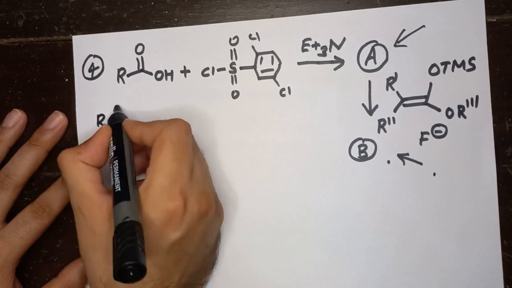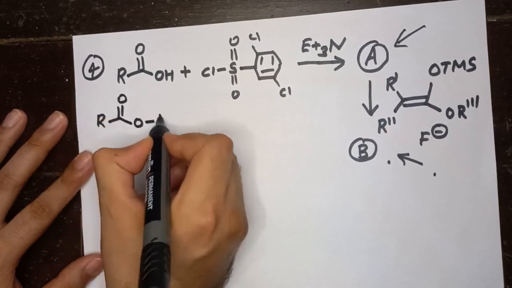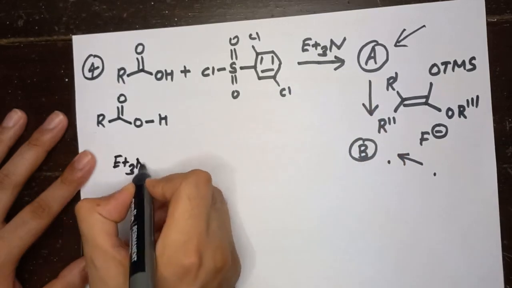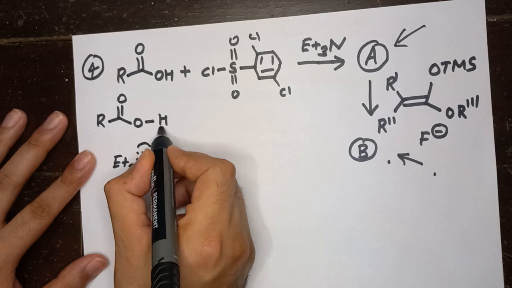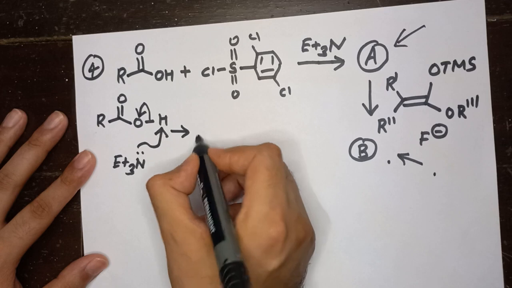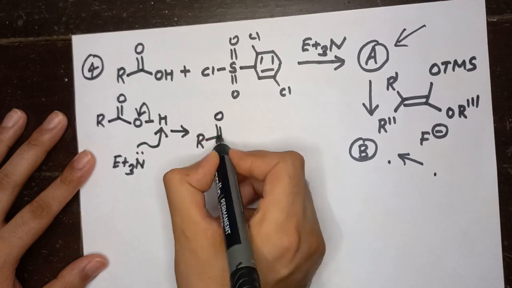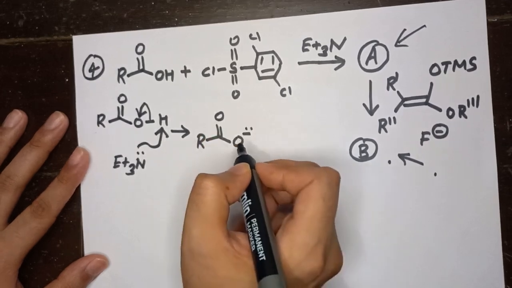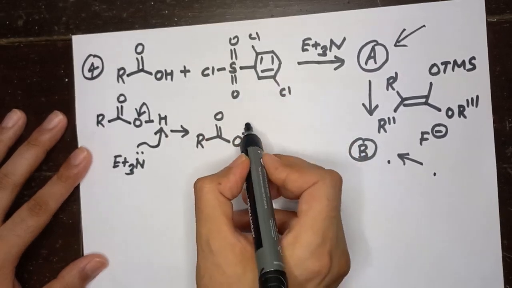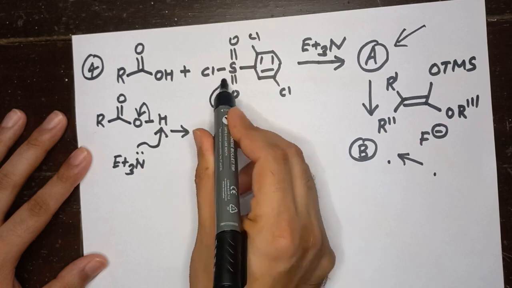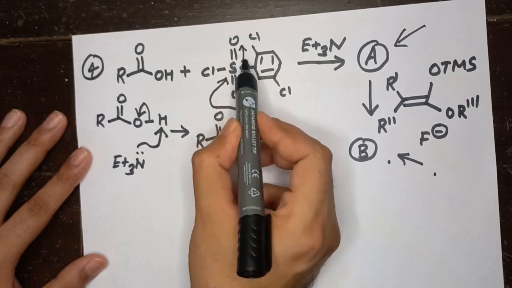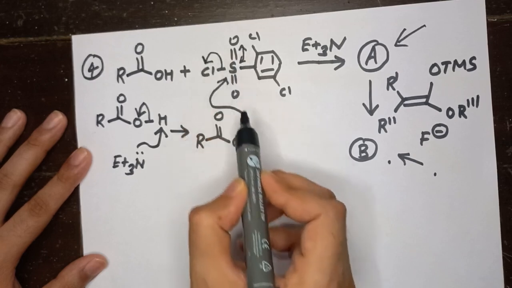So we have a carboxylic acid group, and the reagent for the first reaction is triethylamine, which is a base. So this base will grab this proton, and will generate an O minus. So now we have O minus. Now this second reagent will come into picture, where this O minus will attack at this sulfonyl group, and through conjugation with oxygen, this Cl is going to leave.